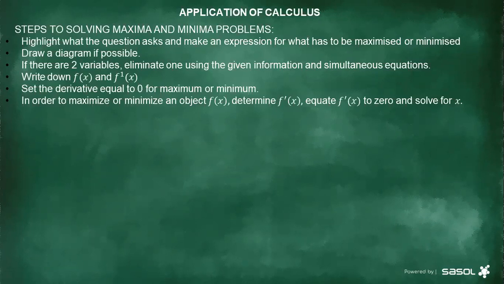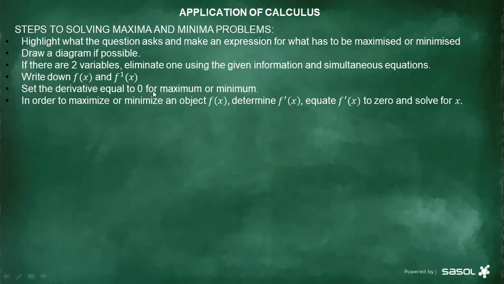And then the third point, it says, if there are two variables, eliminate one using the given information and the simultaneous equation. Write f of x and f prime of x. And then set the derivative equal to 0 for maximum or minimum.